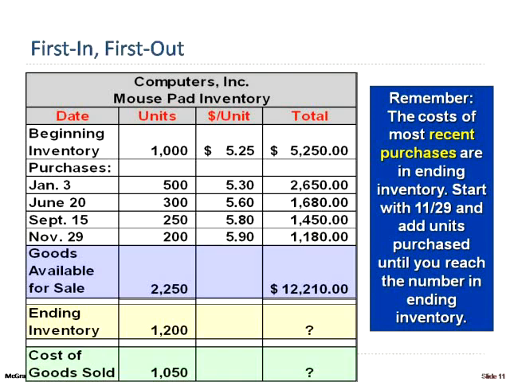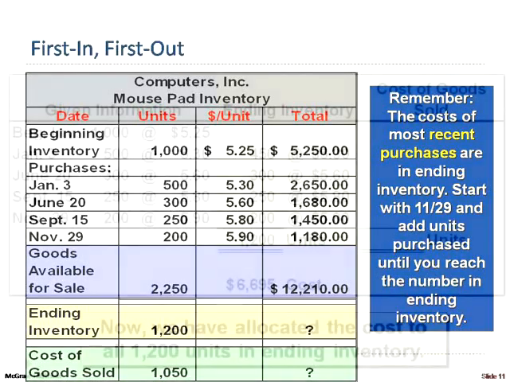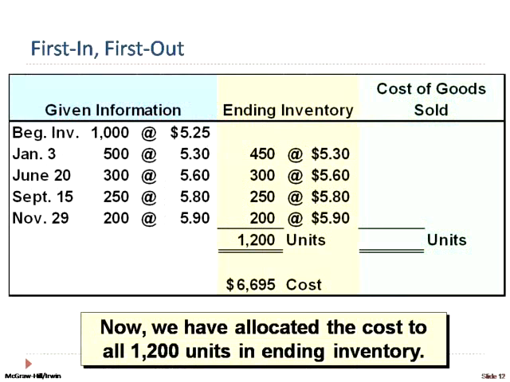So let's start with the November 29th purchase and add units purchased until we account for the 1,200 units in ending inventory. We start with the 200 units from the November 29th purchase, and we keep adding layers of purchases until we reach 1,200 units in ending inventory. The total cost of our ending inventory is $6,695.